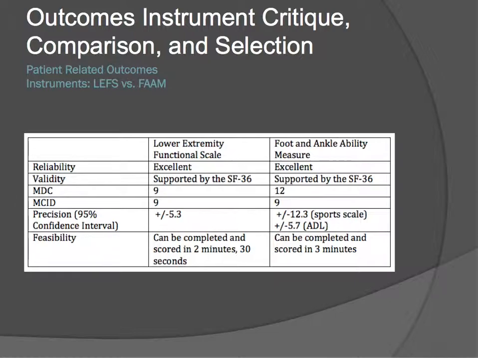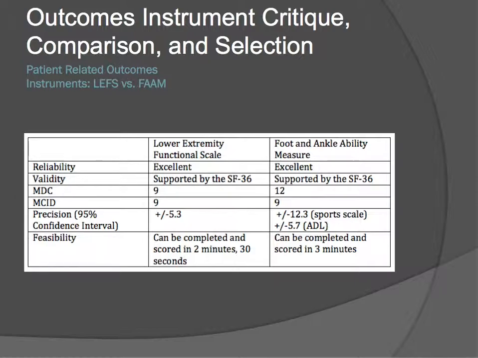It is important to note here that the sports subscale may make the foot and ankle ability measure more functional to our use as athletic trainers as we deal with athletes who participate in sports.